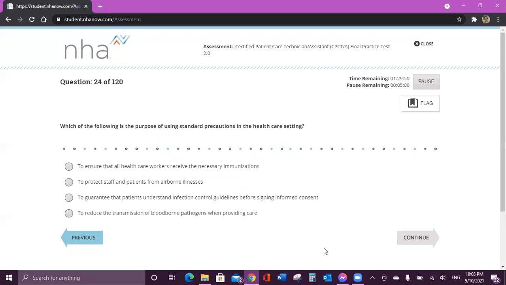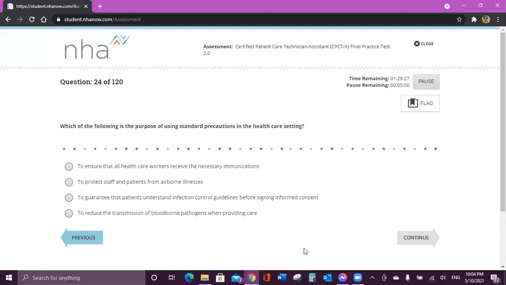Which of the following is the purpose of using standard precautions in the health care setting? To ensure that all health care workers receive the necessary immunization to protect staff and patients from airborne illness.